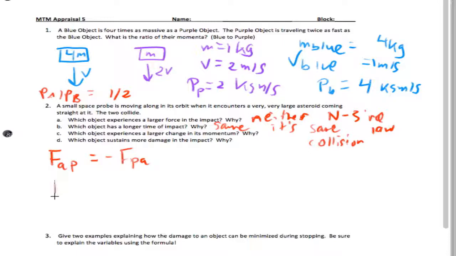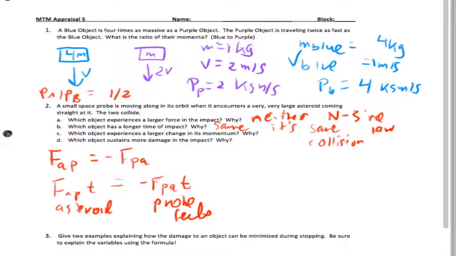Now let's calculate the impulse. Well, that's force on the asteroid from the probe times time, and that's going to equal force on the probe from the asteroid times time. So this is what the asteroid feels. This is what the probe feels. So they have totally equal impulses.